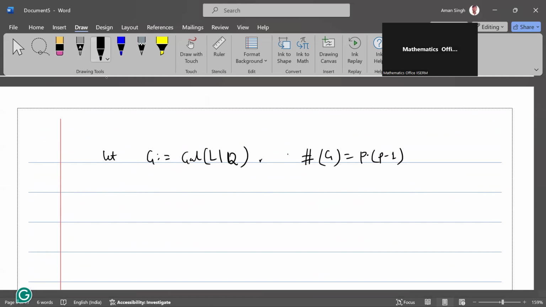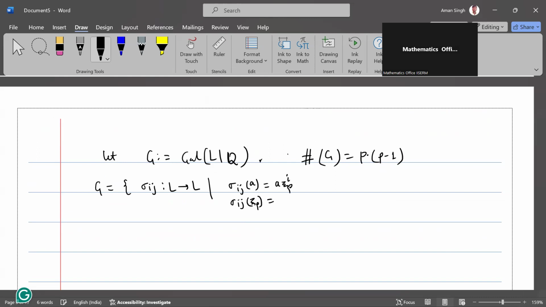Let me denote the elements of G by sigma_ij, which are morphisms from L to L such that sigma_ij of a is equal to a times zeta_p^i, and sigma_ij of zeta_p is zeta_p^j.